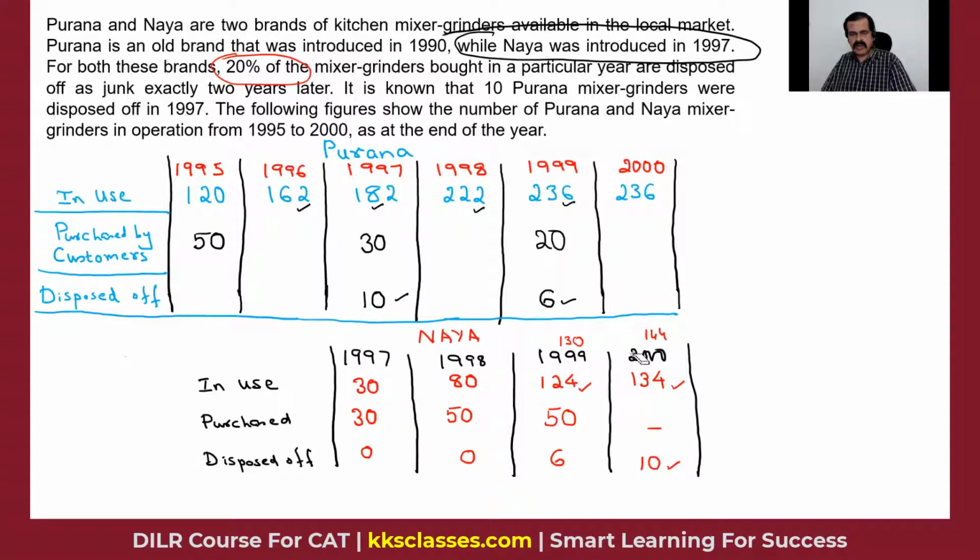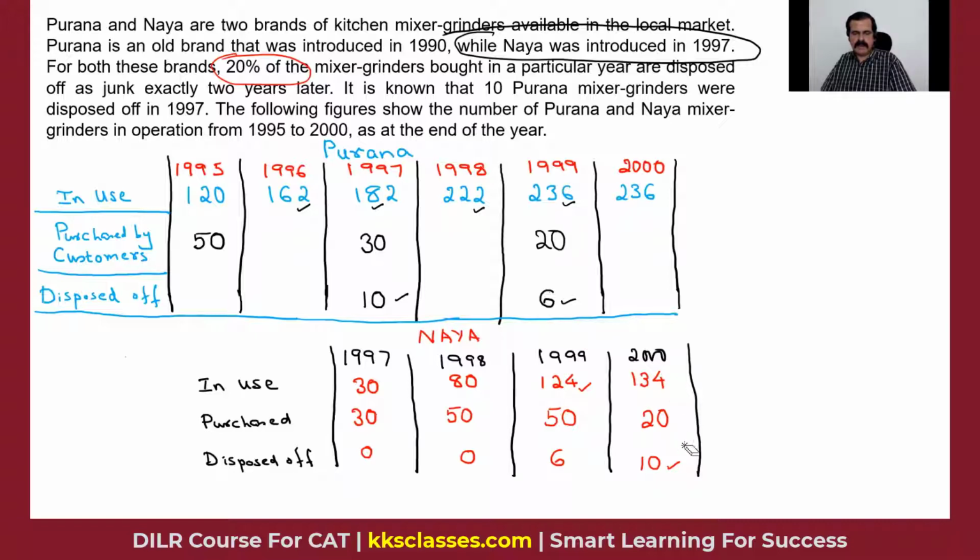So 124 became 144, because 20 were bought by customers. So 124, 20 were bought, so it became 144, and then we threw away 10, and we came to this figure of 134. Again, we've solved this question.